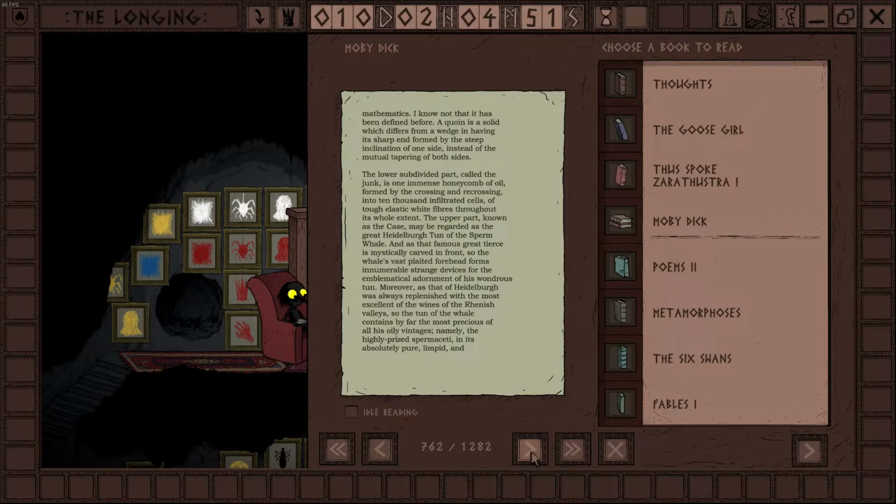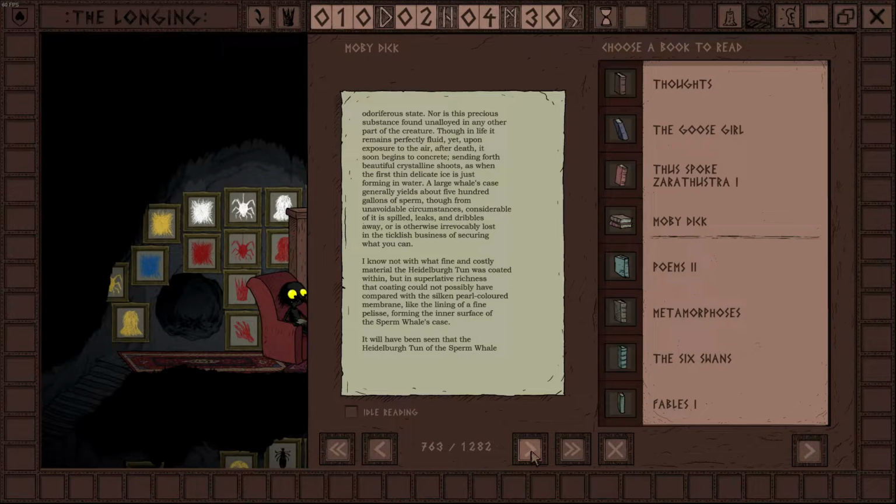Moreover, as that of Heidelberg was always replenished with the most excellent of the wines of the Rhenish valleys, so the tun of the whale contains by far the most precious of all his oily vintages, namely, the highly prized spermaceti, in its absolutely pure, limpid, and odoriferous state. Nor is this precious substance found unalloyed in any other part of the creature.